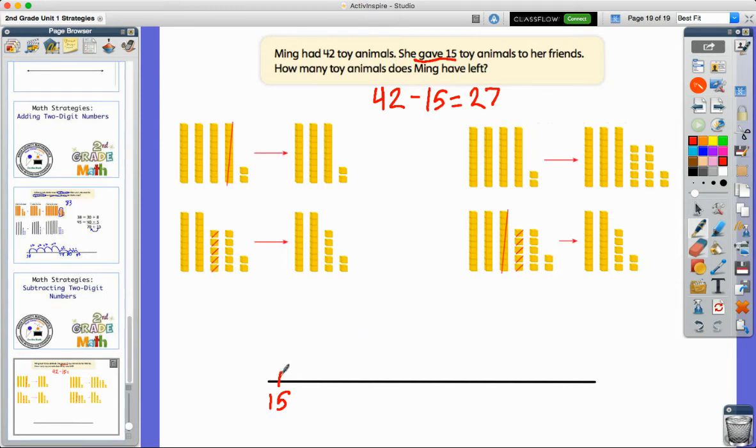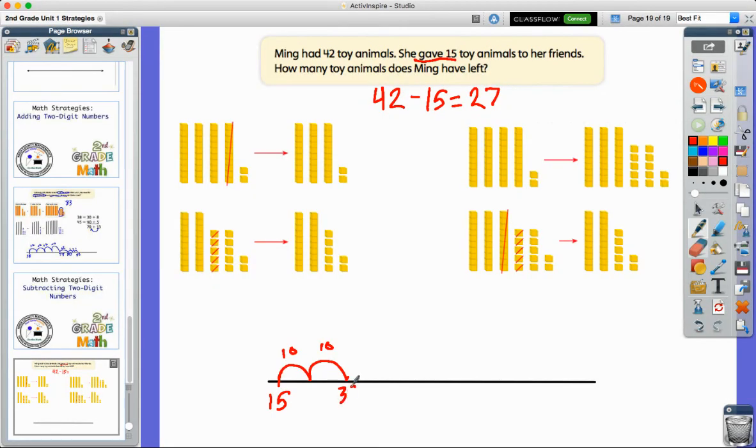So if I go from 15, I jump 10 to 25, 35. If I jump one more group of 10, that would put me at 45. But we're only trying to go to 42. So I'm going to have to stop right there when I do my jumps of 10.